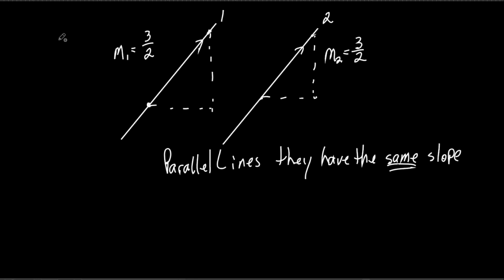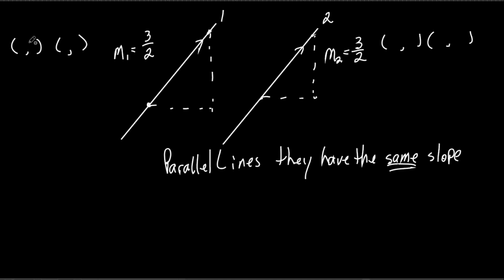They're going to give you two ordered pairs to represent this line, and two ordered pairs that represent this line. And you're going to have to do some work and find the slope, and then do some work on this one and find the slope.